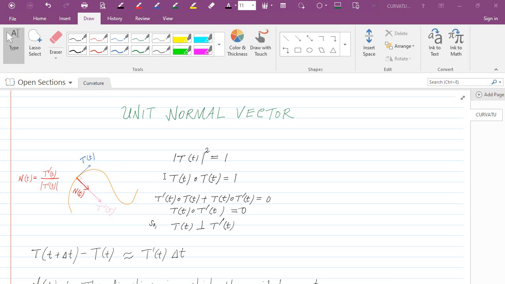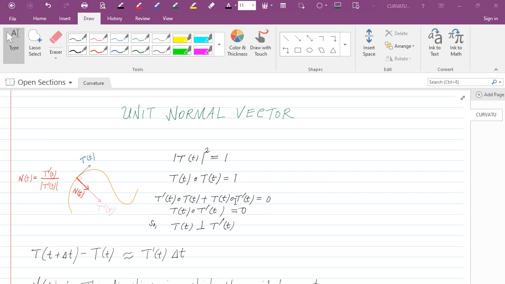Now, let's take the derivative of both sides with respect to t. On the left-hand side, we can apply the product rule, and what we get is T prime of t dot product with T plus T dot product with T prime of t, and the derivative of 1 is 0.